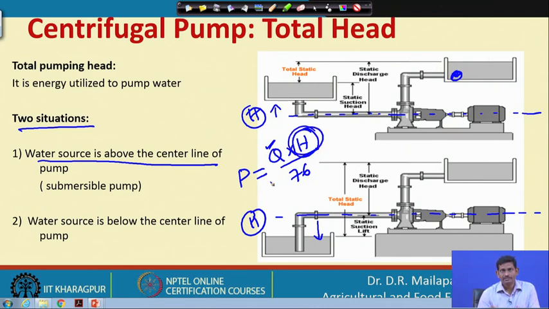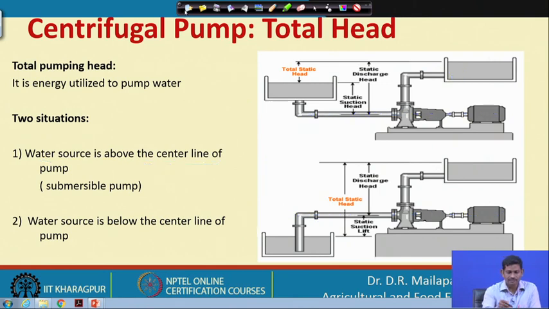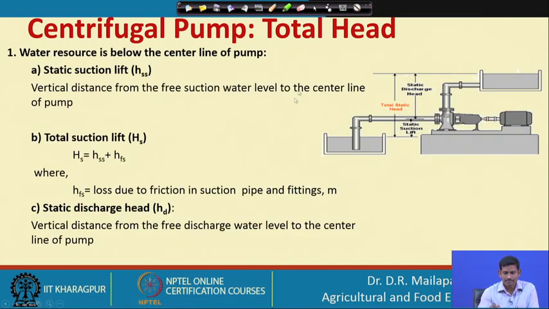Head involves the real pipelines, friction head losses, and other head losses. The main task is to find out the total head in both cases. So, let us see case number 1.